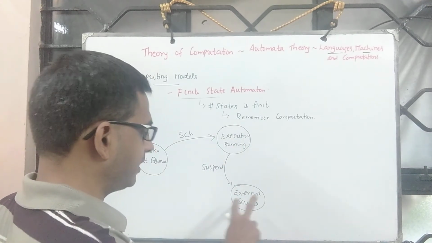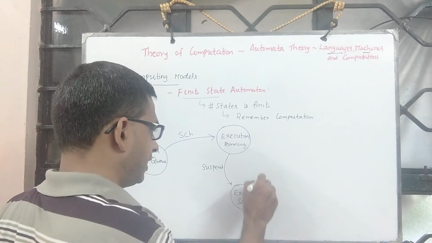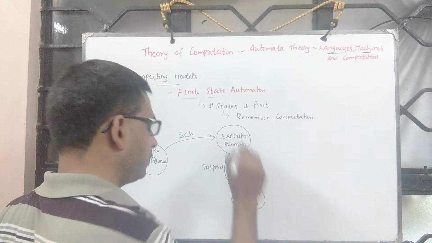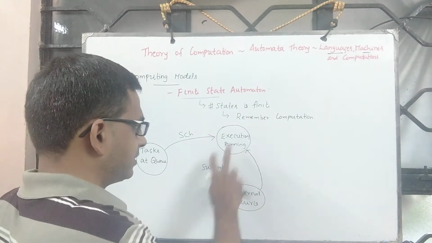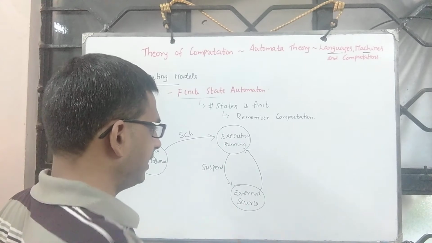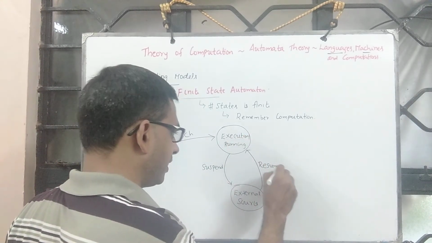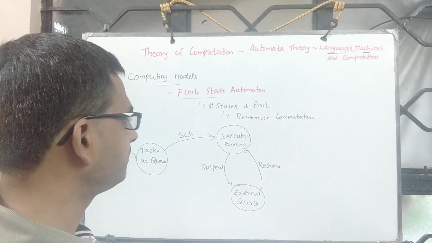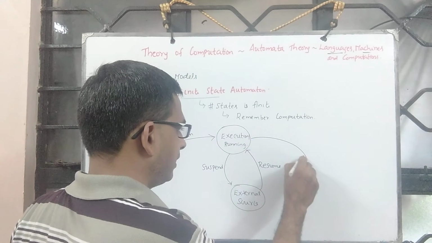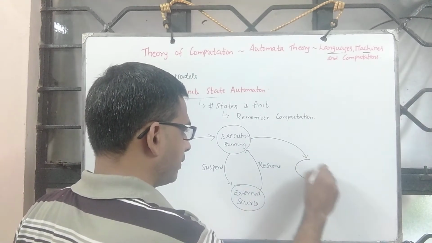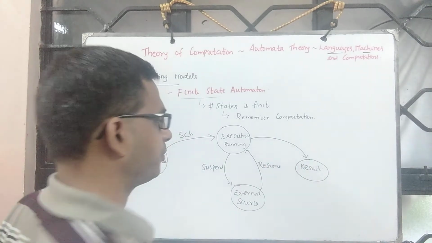Then it is serviced here for a while. Then once it is done, it is placed back onto this, which means it resumes the operation. And once the execution part is done, it goes to the result or output state.